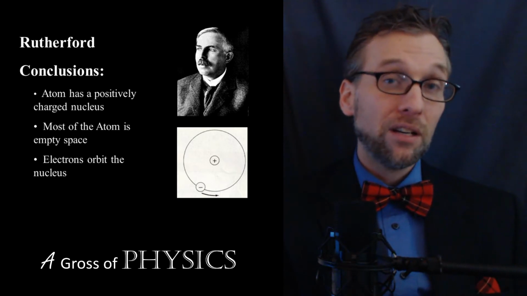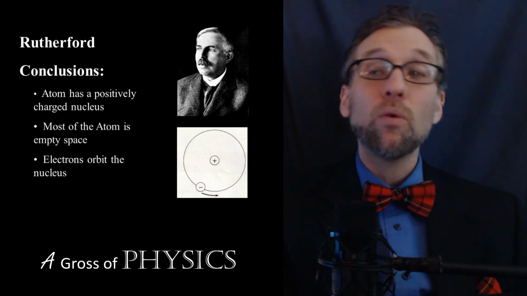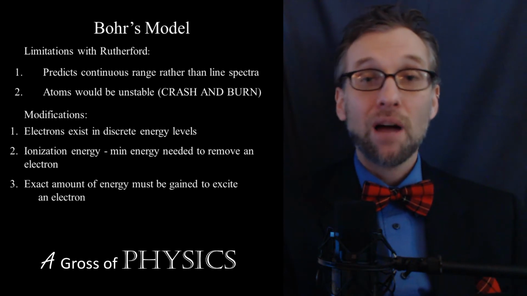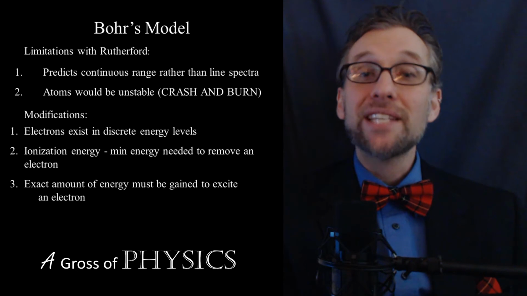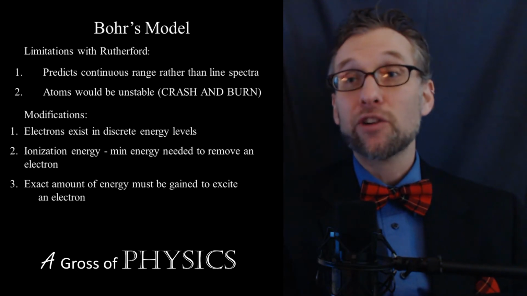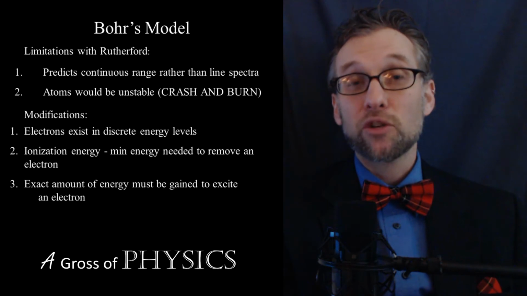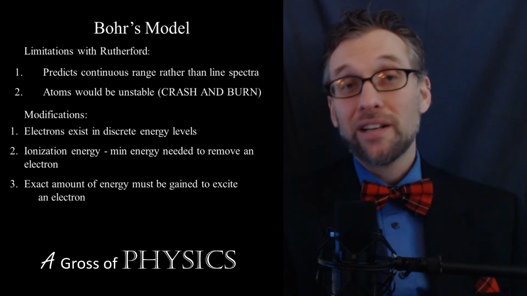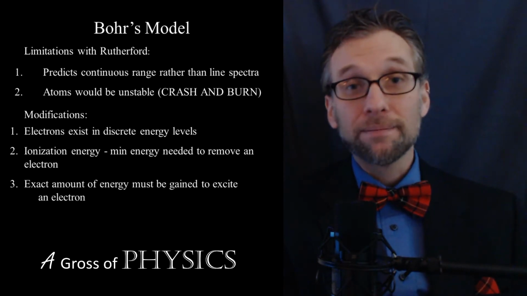Well, Rutherford didn't account for that. In fact, if that were the case, what he predicted, where you had the electrons orbiting around the outside, you wouldn't have a stable atom. They wouldn't exist because the electrons would be pulled into the atom because of the attractive nature of the positive nucleus and the negative electron, and you would constantly have atoms fall apart.